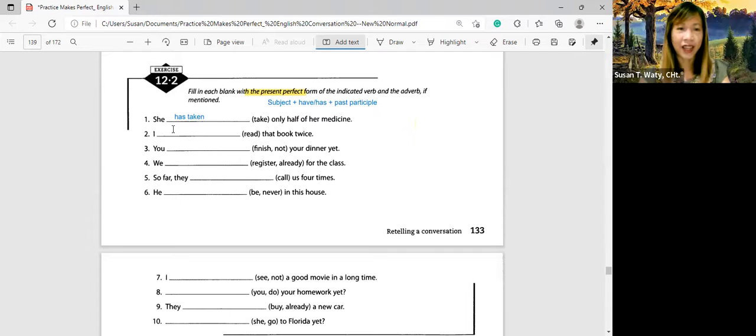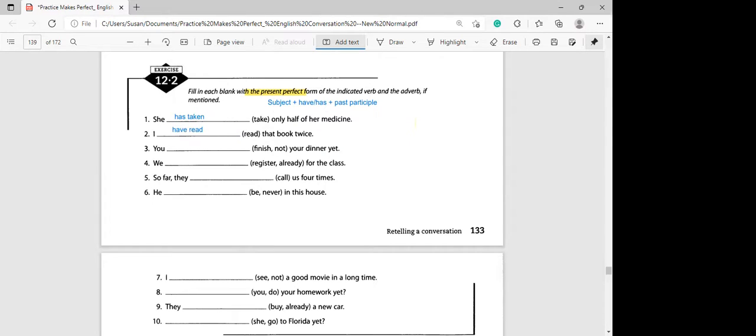Perfect. So the verb read: read, read, read. Thank you, Risky.